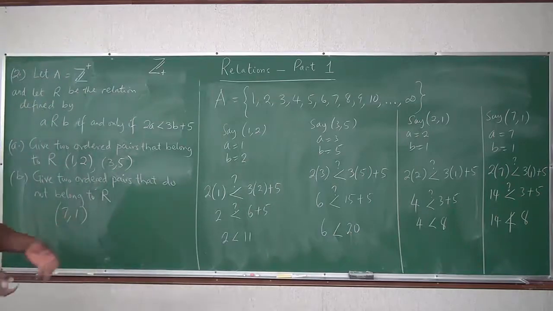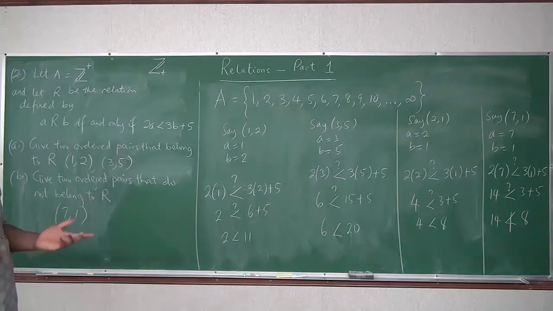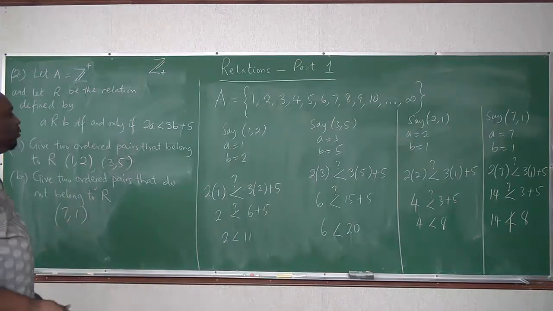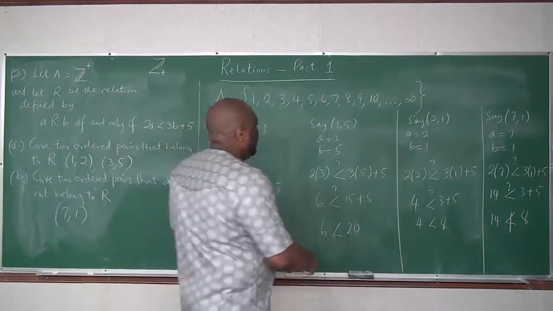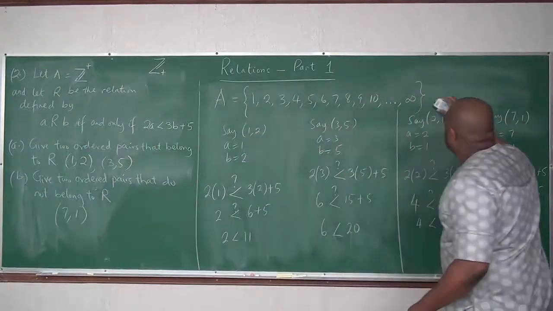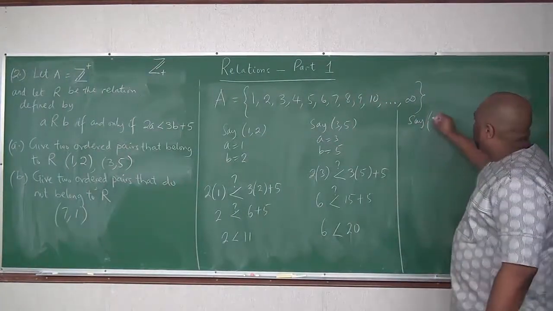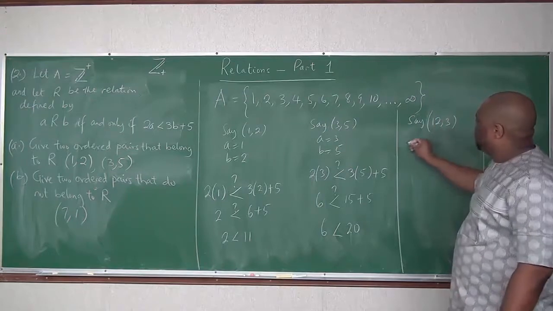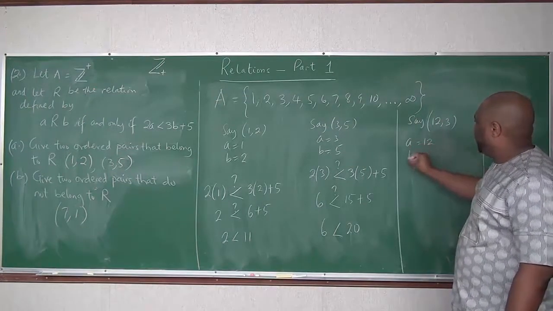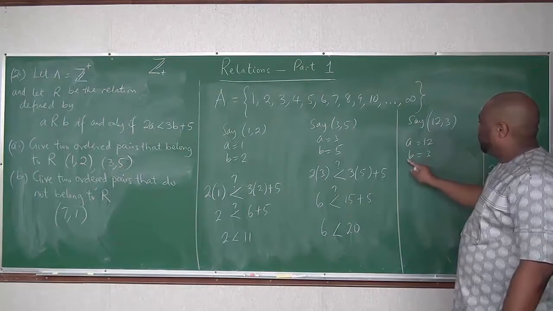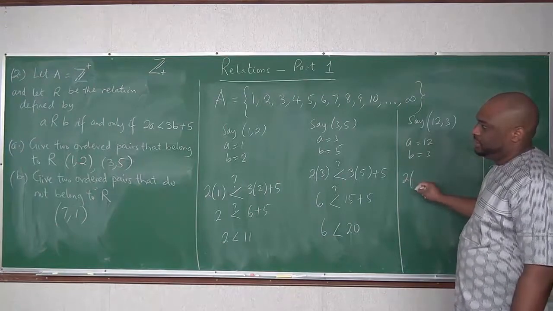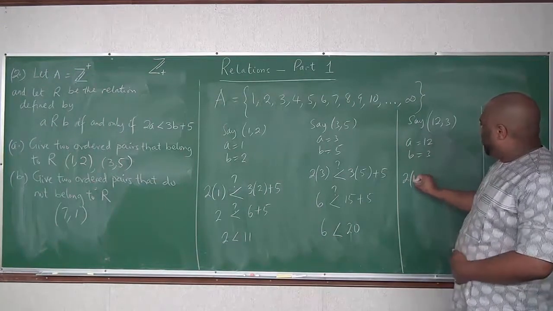And another one that can work might be (12, 3). 2 times 12, 24. 3 times 3, 9 plus 5, 14. Yeah. (12, 3) will work. Say you have 12 and 3. So this means that A is 12, B is 3. So 2 times 12.